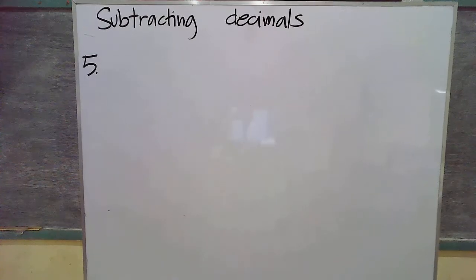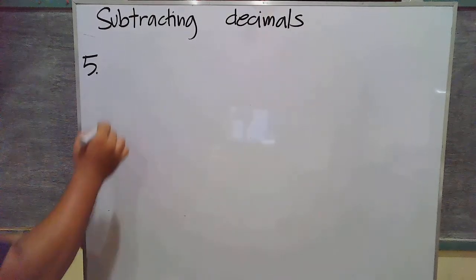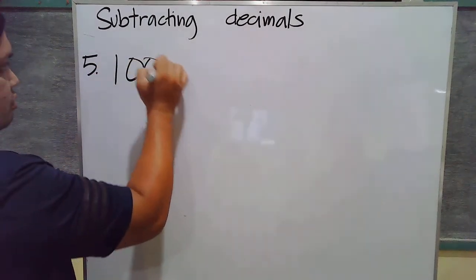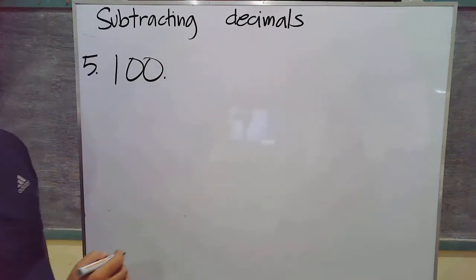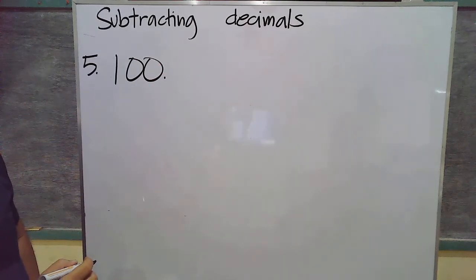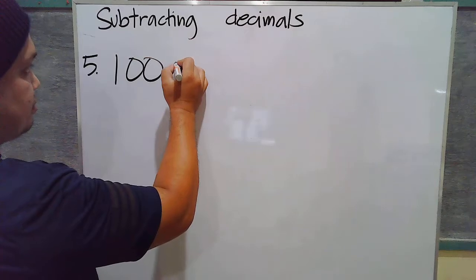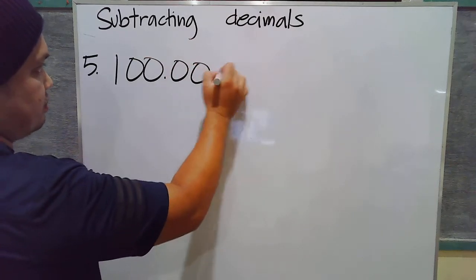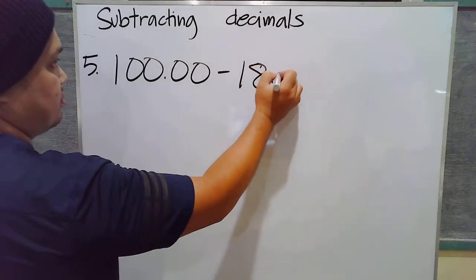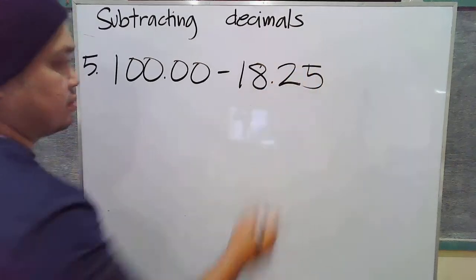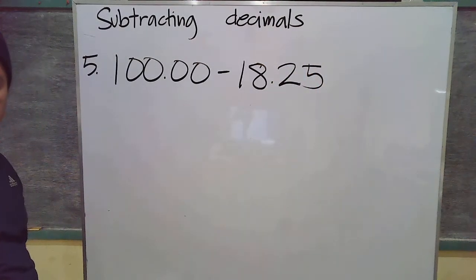Example number 5. 100 minus 18.25. Okay, subtracting decimals.